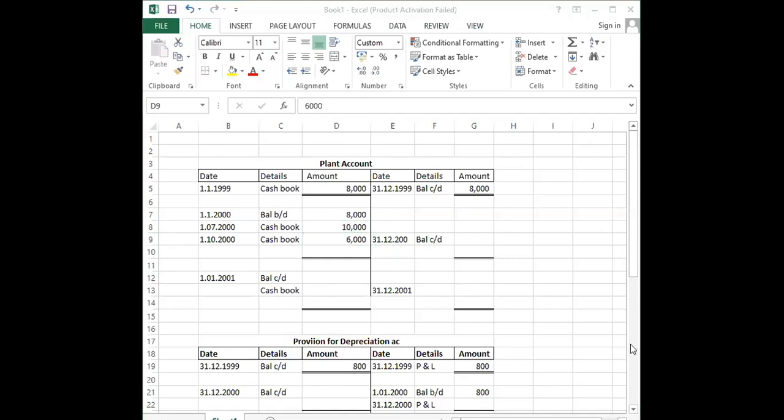And therefore, we will need to calculate those depreciations so that we know what is it that will be put here, what is it that will be put there. If we have these figures here, let me just copy this for clarity purposes.